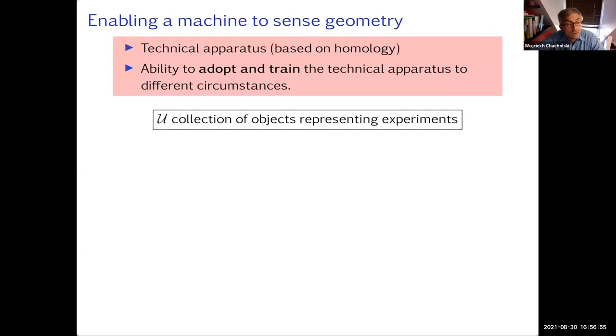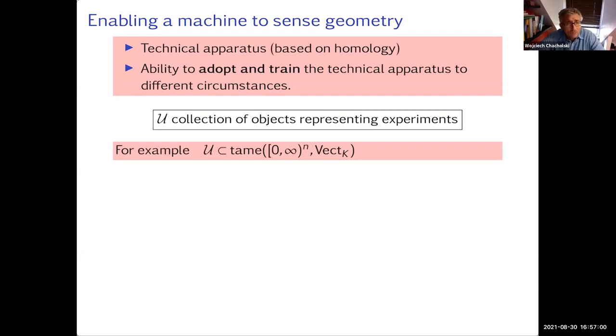I call this representing set of objects U. For example, you might have done some persistent analysis, and these objects could be parametrized vector spaces, maybe even multi-parameter parametrized vector spaces. So these objects represent points in possibly a very strange universe of, for example, RNA expression levels or some complicated tests performed on industrial products. So we find ourselves with a rather unknown universe.